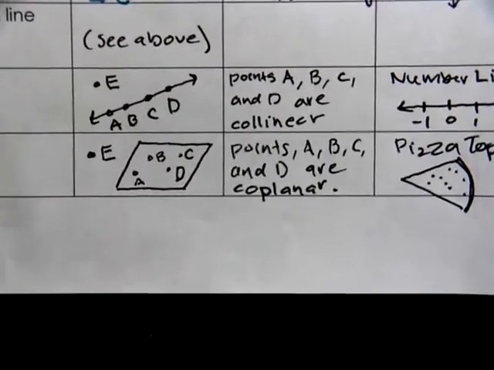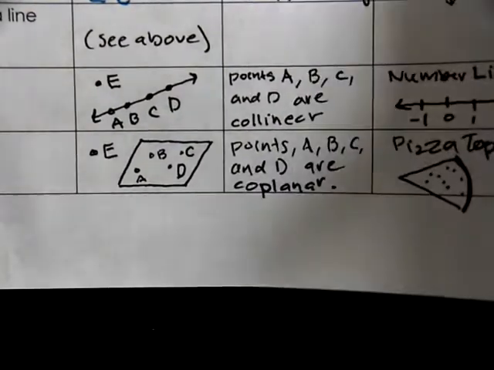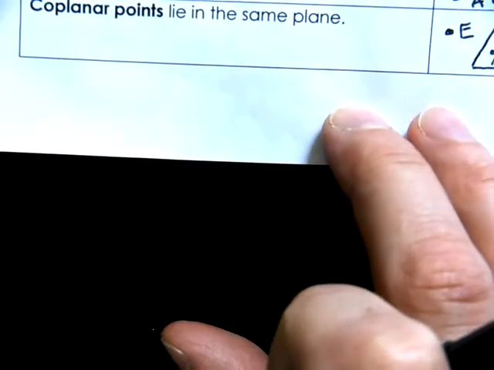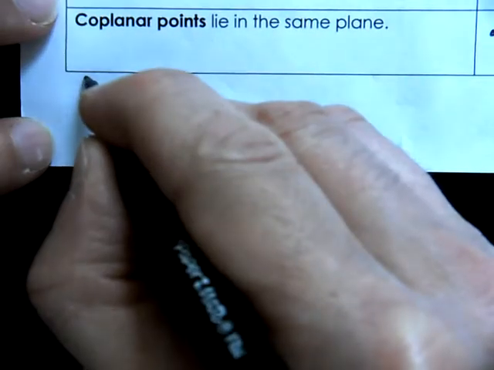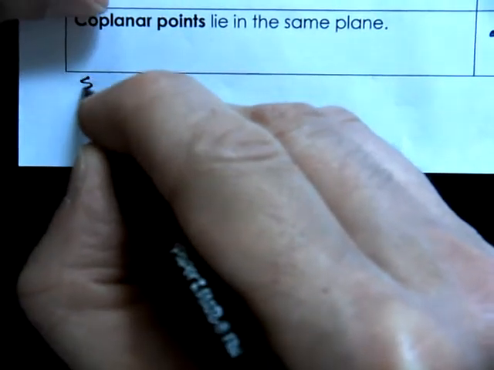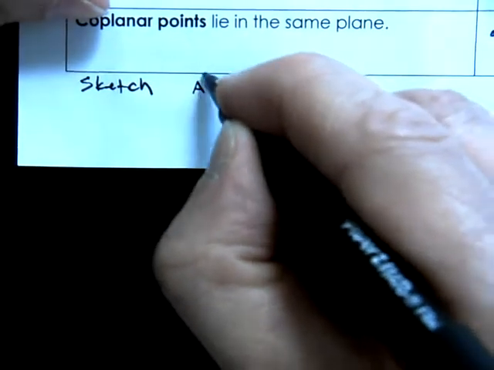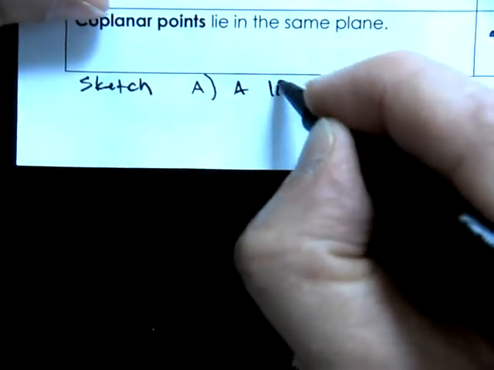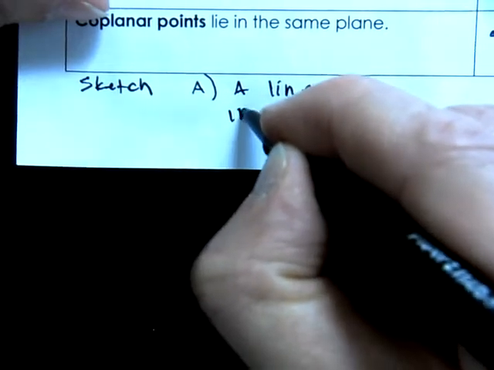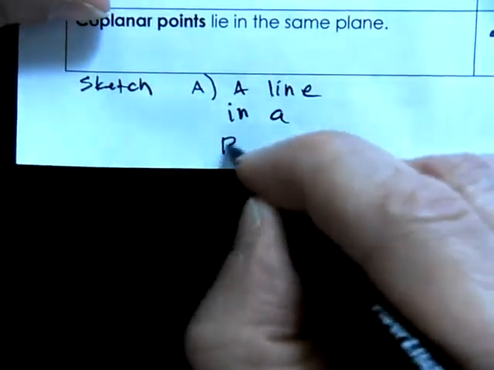Now, I need to add a couple of diagrams here in the bottom margin. We need this for some of our homework problems, and I just didn't have something set up ahead of time. So we'll just use this to practice sketching. There are two examples that we want to consider here. First, how do we sketch a line in a plane?